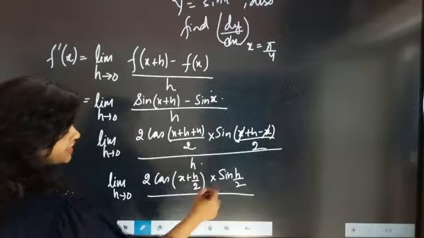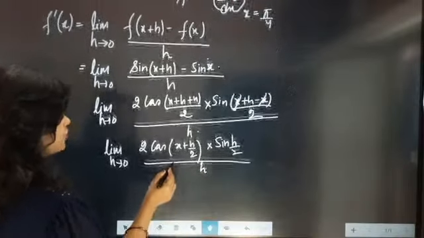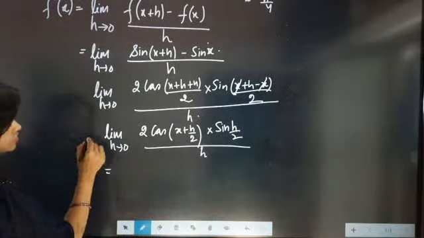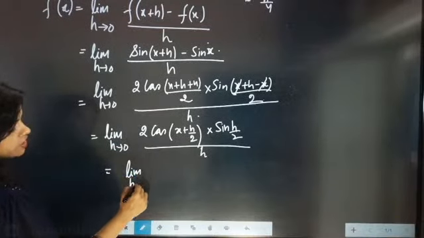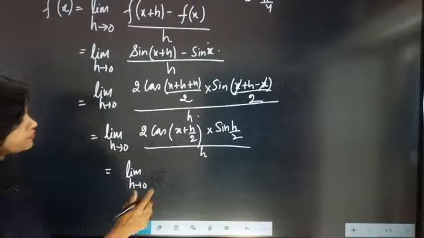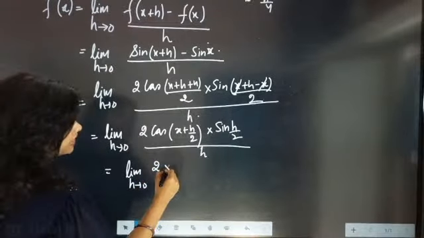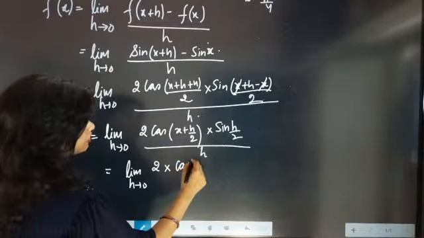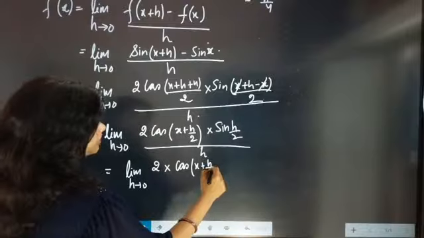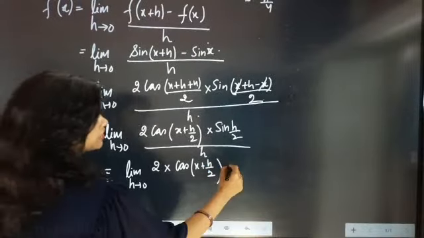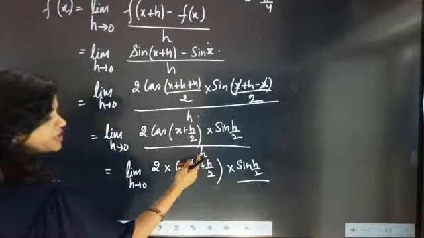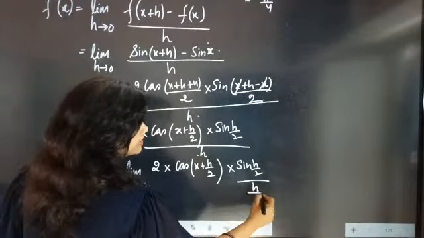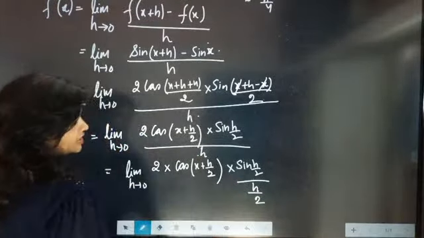What we need is sin h by 2, so we have to arrange it very nicely. Limit h tends to 0. After this, the arrangement is the most important thing. You leave 2 as it is. Cos of x plus h by 2 you leave as it is. Now sine of h by 2, and here the denominator h is there. Shall we write this as h by 2?